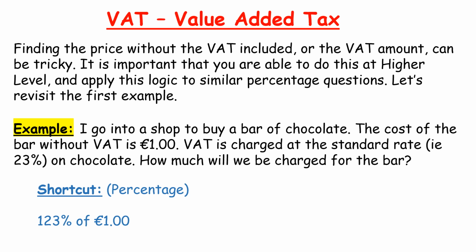What we do here with the shortcut is we add on 23% first, so that gives us 123%, and then we find the percentage. It didn't matter which order we did it, we still get the same answer. It's just slightly easier because the adding piece, the 100% plus 23%, can pretty much be done in our head, which makes it a bit quicker. And this gets me straight to the €1.23.